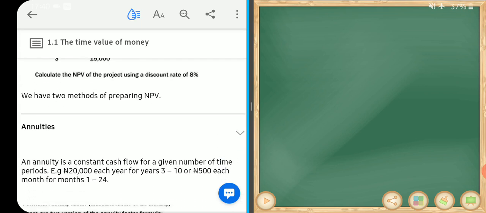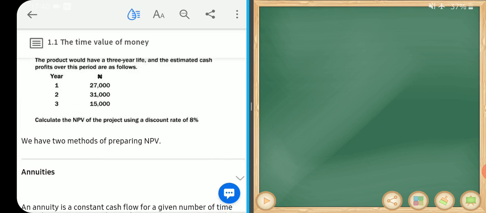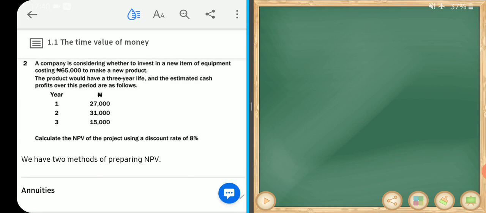Now we have 2 methods of preparing NPV. You can either prepare it horizontally or you can prepare it vertically.